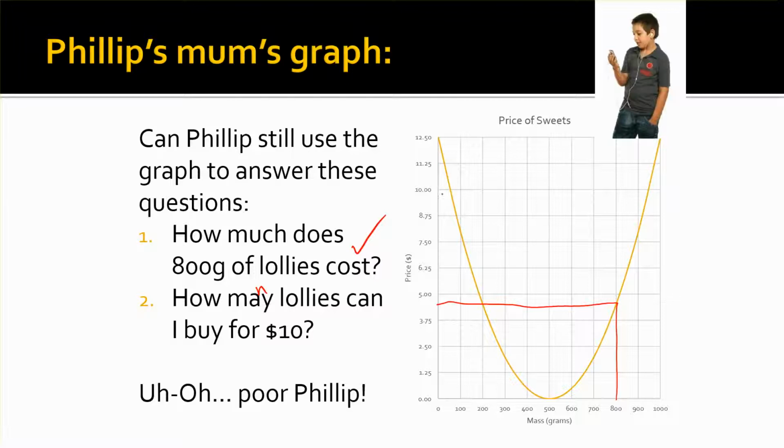He'll go to his graph, he'll say for $10 you can have about 50 grams of lollies. Or you can have 950 grams of lollies. So he can't answer that sort of question because he doesn't have the right type of graph. Poor guy. He'll have to just play with his iPhone some more time.